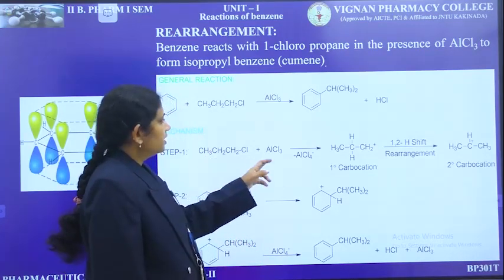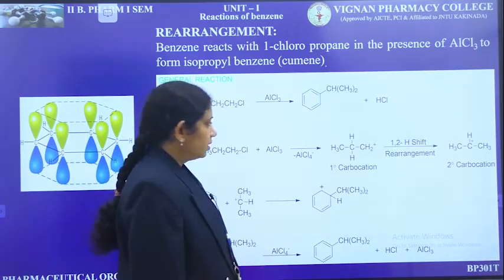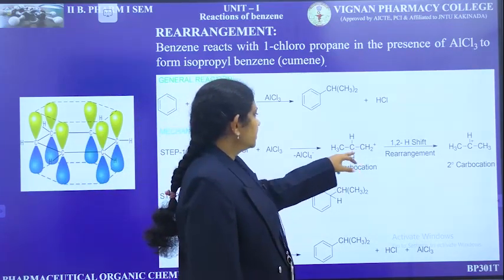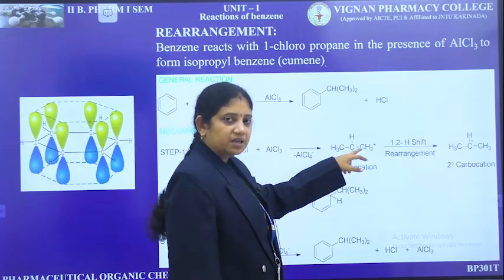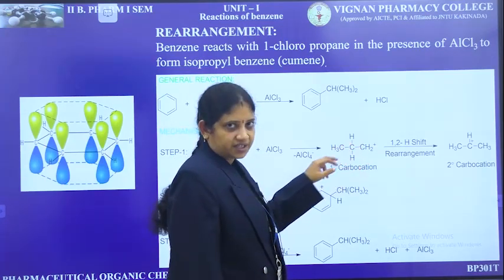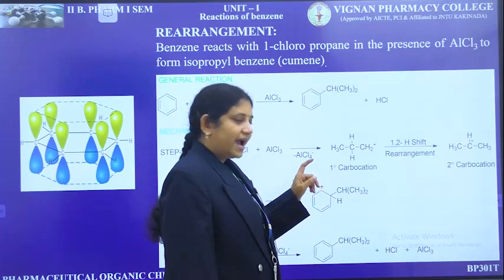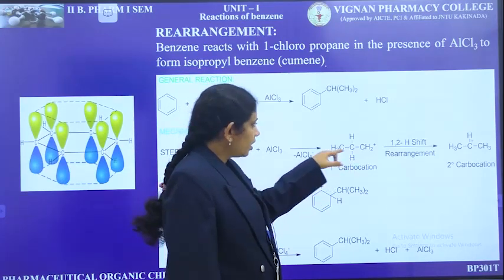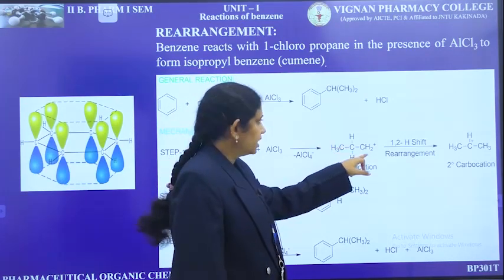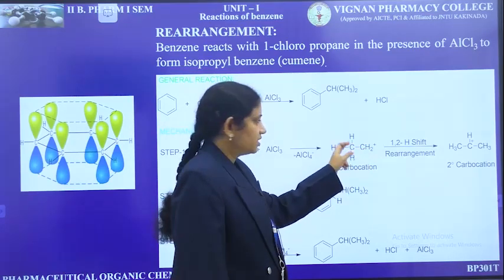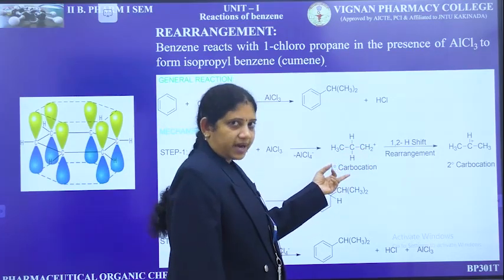Why are we calling it a primary carbocation? If you observe the 3 carbon atoms, the first carbon atom shows the electron deficiency, and it is attached to only one alkyl group, containing the remaining 2 hydrogen atoms. That's why it is the primary carbocation.